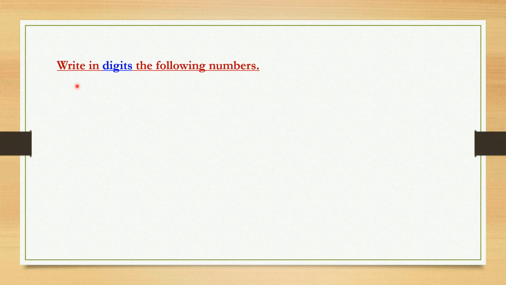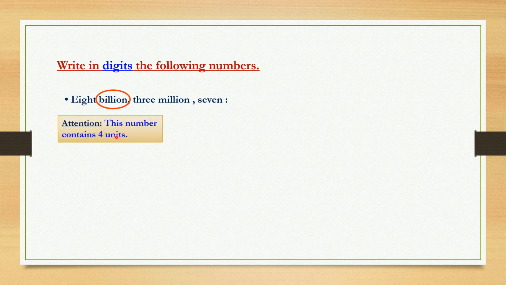Now let's continue with more examples. Write in digits the following numbers. First number, 8,003,000,007. So first, we find the greatest unit here. It's the billions. So this number contains 4 units. In the billions unit, we have the 8. This one is easy to find.